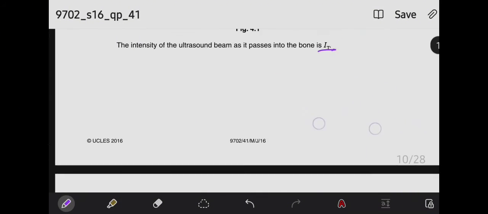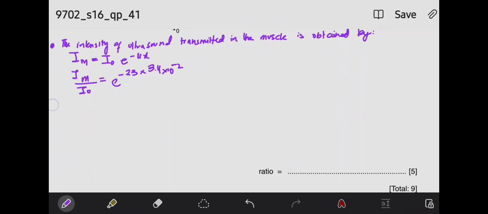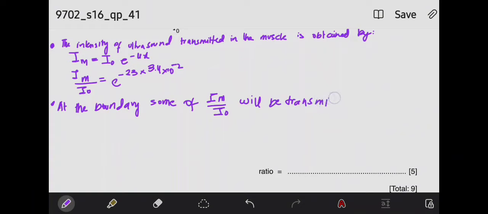So if I write that down, some will be transmitted and some will be reflected.